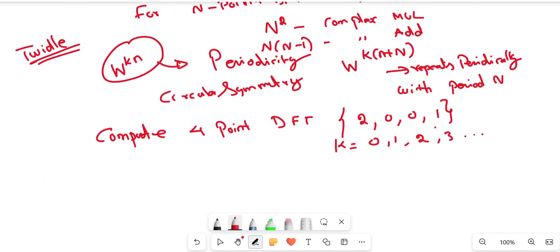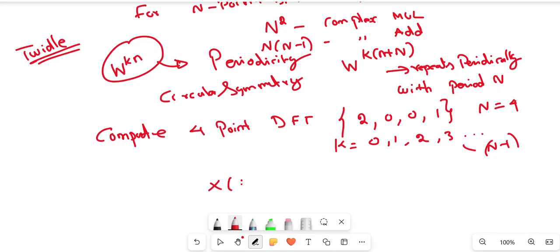N is equal to 4, so N minus 1 is 3, up to 0, 1, 2, 3 we have to calculate. What is the formula for X of k?